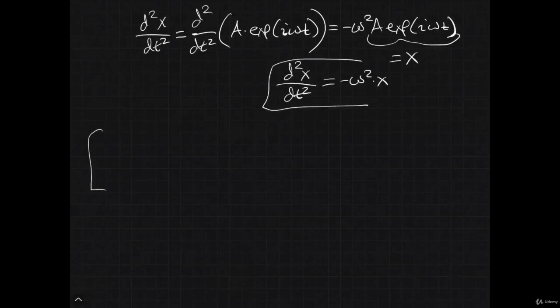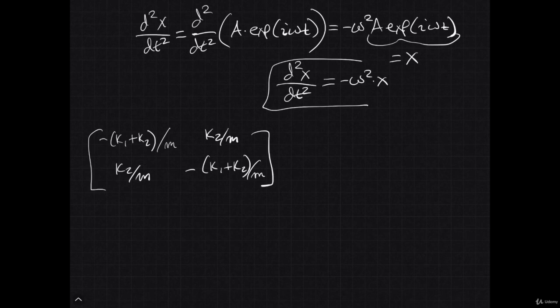So we have minus (k1 plus k2) over m, and k2 over m, then k2 over m, and minus (k1 plus k2) over m. I'll explain what I did in a second.